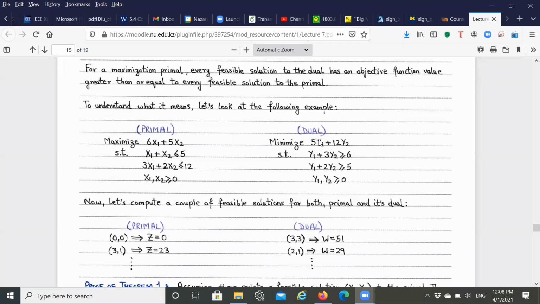And this would always be greater than or equal to every feasible solution in the primal. If you compare, 51 would always be greater than or equal to every solution you get in the primal.